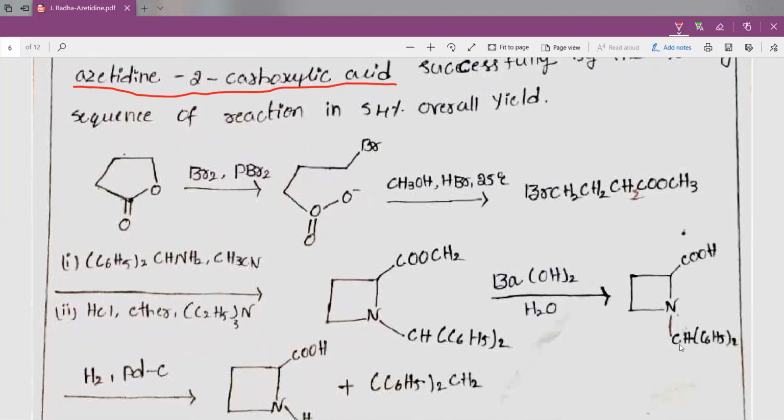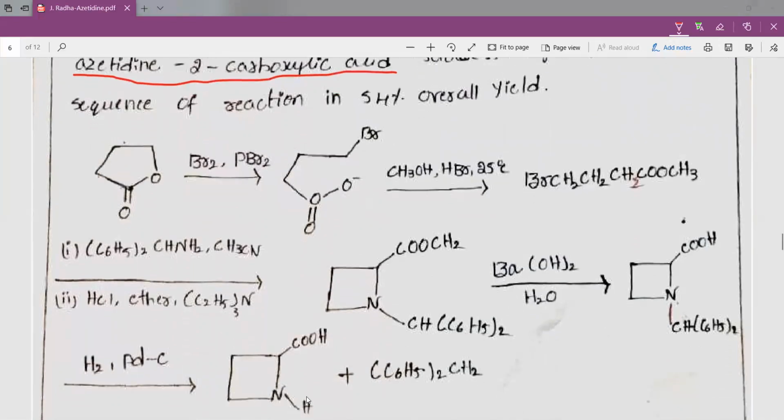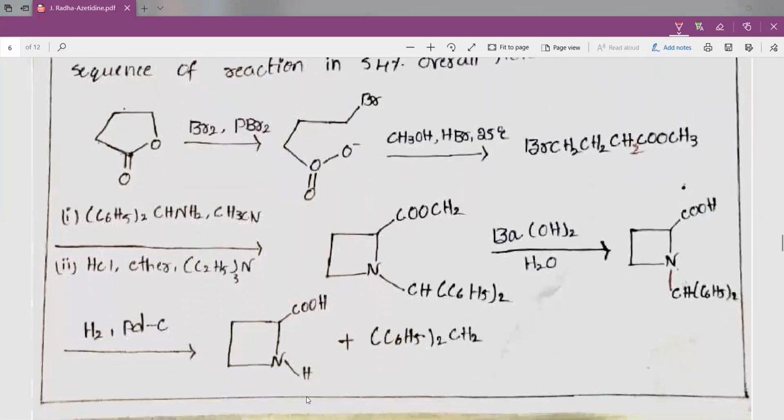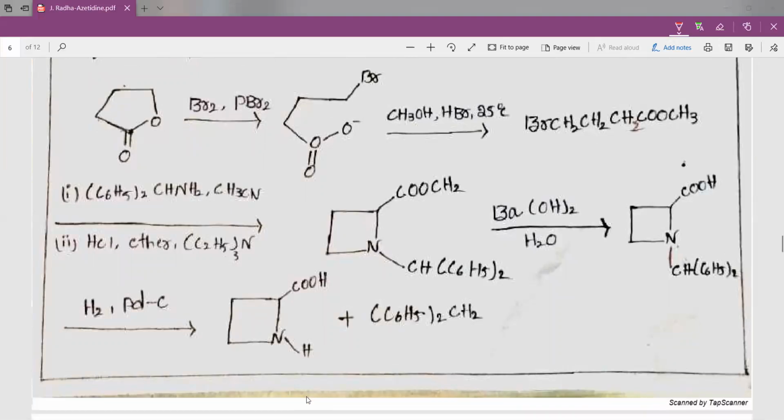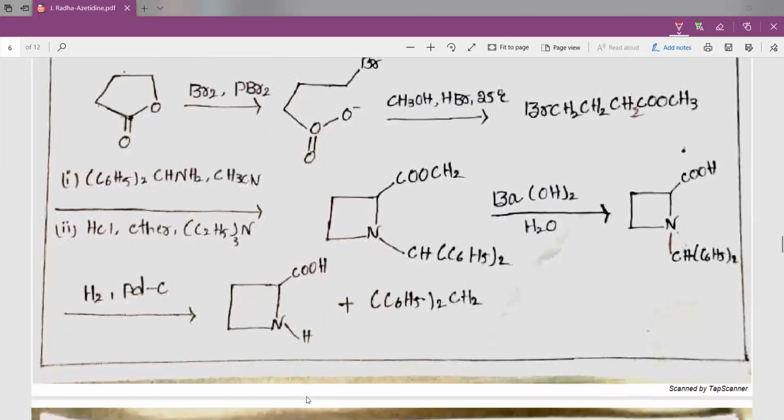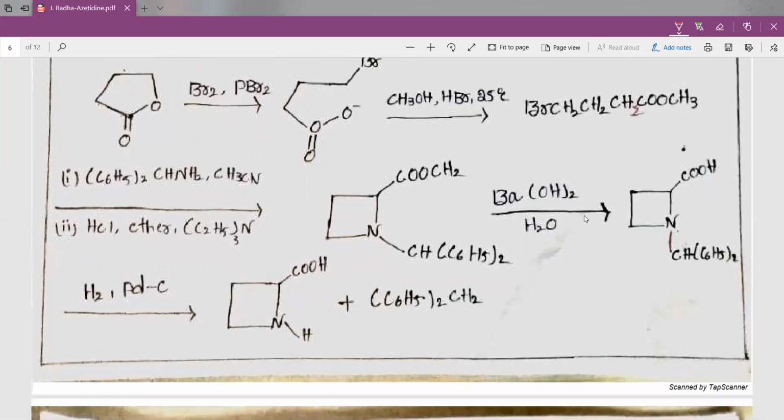This is the azetidine 2-carboxylic acid, obtained finally by treatment with hydrogen and palladium on carbon, which is reductive hydrogenolysis. The gamma lactone is first treated with PBr3, and it is converted into an ester.